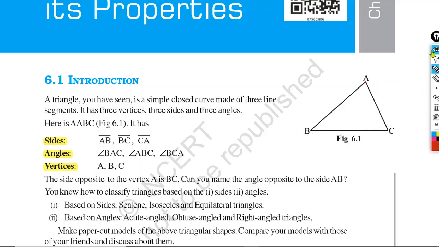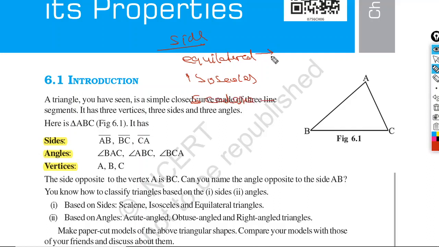Well, these are the parts of a triangle, and there are different types of triangles that you learned in class 6. Like according to sides, they were equilateral triangle, then isosceles triangle, then scalene triangle.